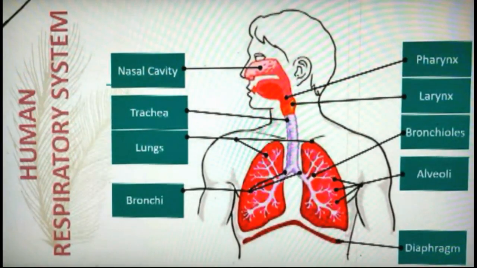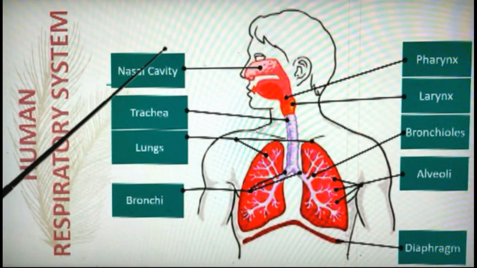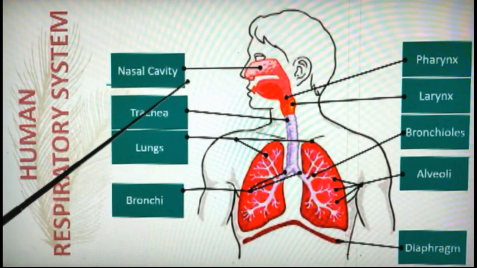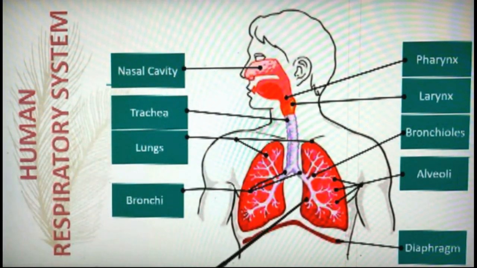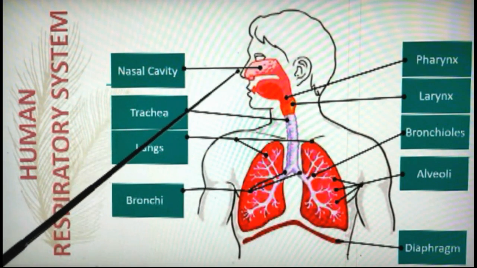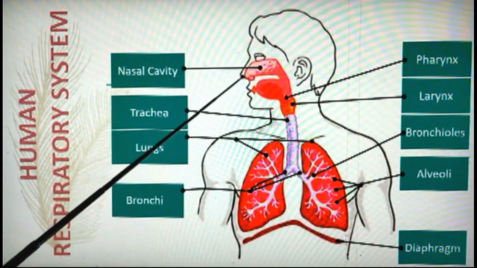Now we can see the structure of the human respiratory system. In this we are going to study about the tract as well as the organs. First we can start with the two openings here. They are the external nostrils.